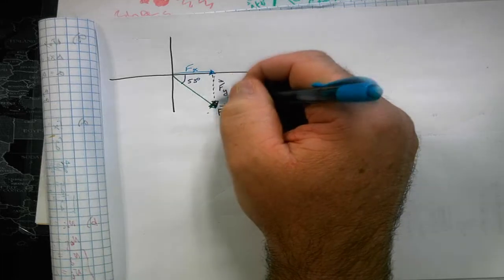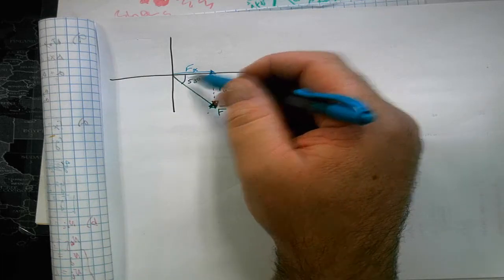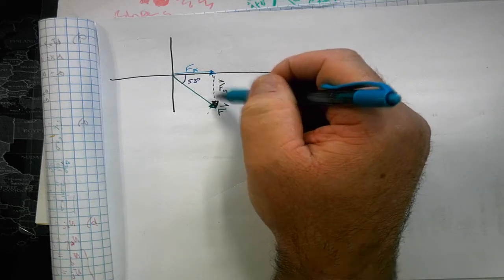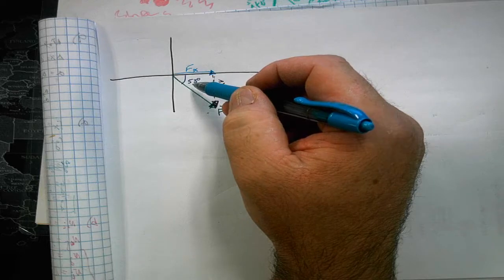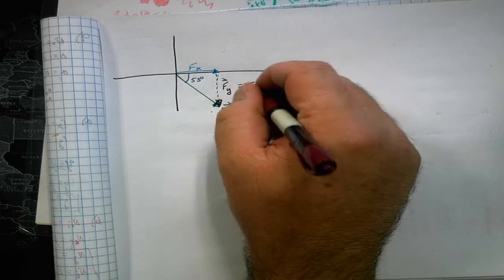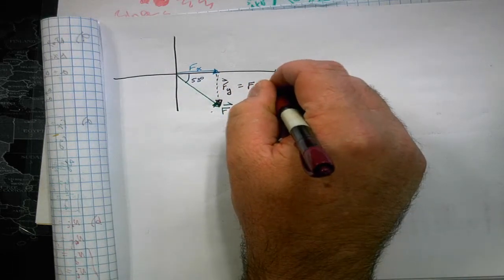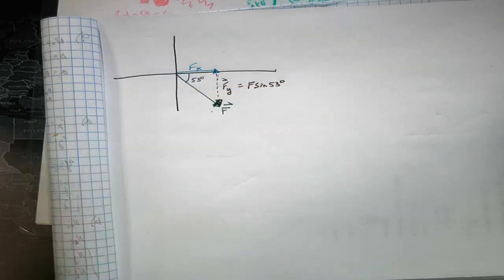This side over here is the sine side for this 53 degrees. Right? Yeah. So this side over here, F y, equals our force times sine 53 degrees. And this side over here is going to be the cosine side.